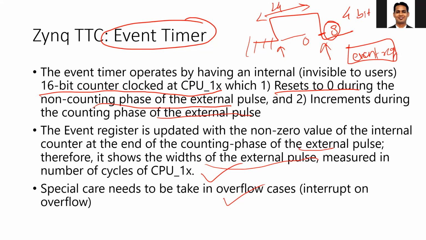So in that case, you will also have to check whether an event overflow interrupt has been generated. If it has been generated, that means you should be aware that this value 8 which you have received in the event register is not correct, and that's why you need to relook at your counter setup while setting up the number of bits in the counter so that you can measure the pulse accurately.